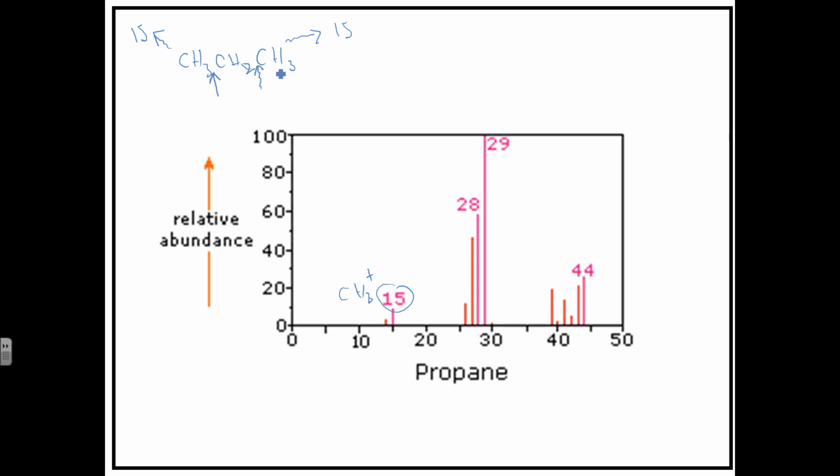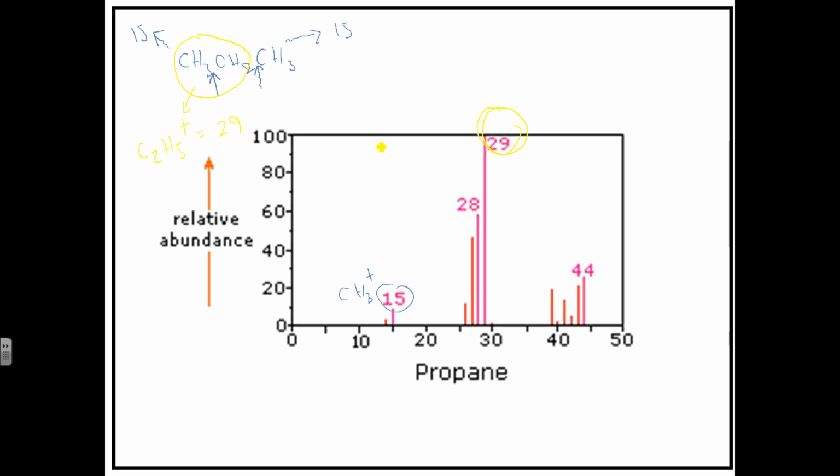Alternatively, if the CH3 stays behind, then we could get, I'll go for a different colour, yellow, this fragment come out, which is an ethyl fragment, C2H5+, and that has another characteristic magic number of 29, and 29 is evident here in the spectrum as well.